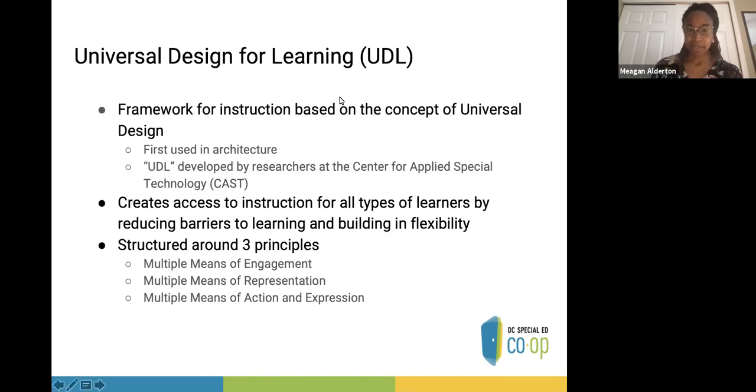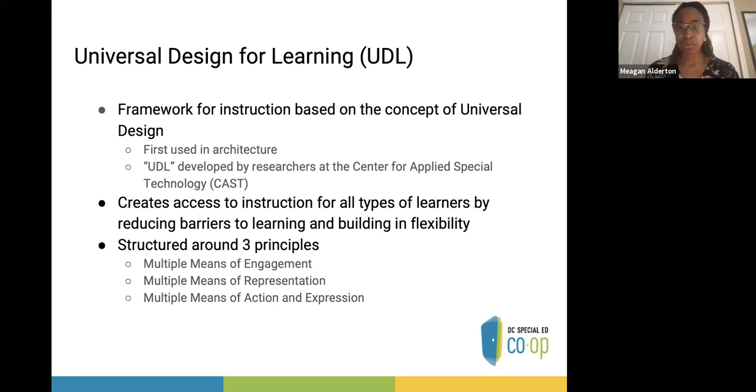All right, so let's get to the nitty gritty about universal design for learning. Apologies if there are people who already know this, I'm still going to give a framework and some background here. Universal design for learning is a framework that was designed by CAST, the Center for Applied Special Technology. The idea really started with thinking about architecture, and I'm sure everyone has heard the idea of form follows function.